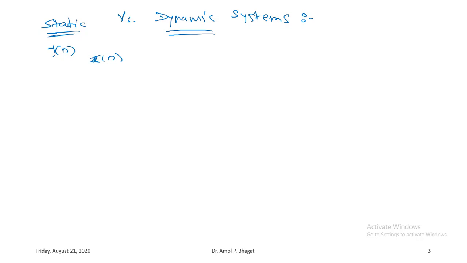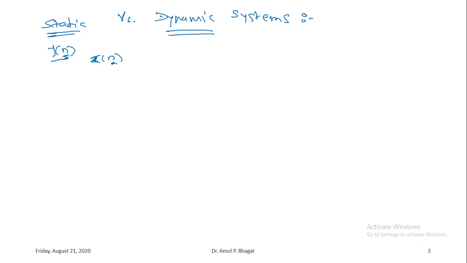Right? I'm identifying the output of the discrete time system at time instant small n, so that output y of n should depend only on the input sample at the current time instant, that is input x of n at time instant small n. It should not depend on past or future samples of the input.